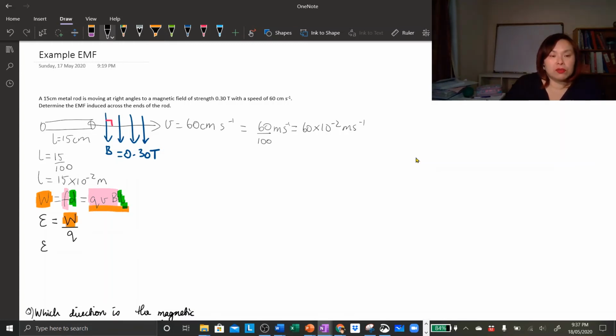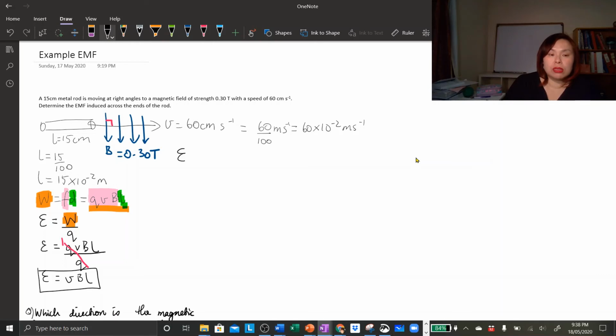So the EMF is given by, in the numerator, QVBL divided by Q. The charges cancel out to 1. So the EMF is given by the velocity multiplied by the magnetic field strength multiplied by the length of the rod. And that's how we calculate the electromotive force induced, or the voltage.